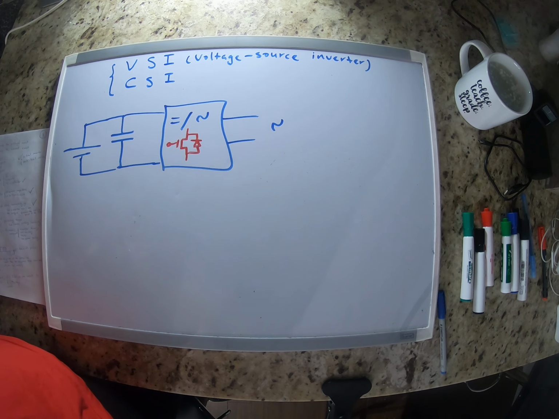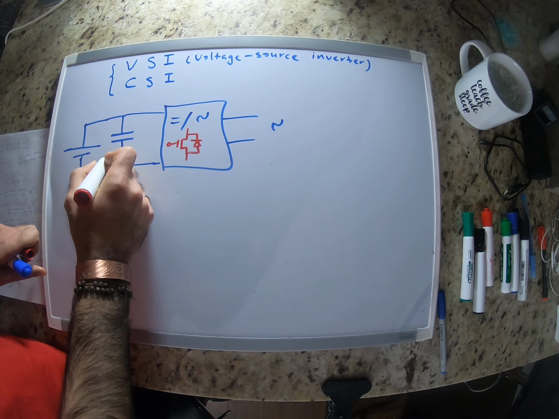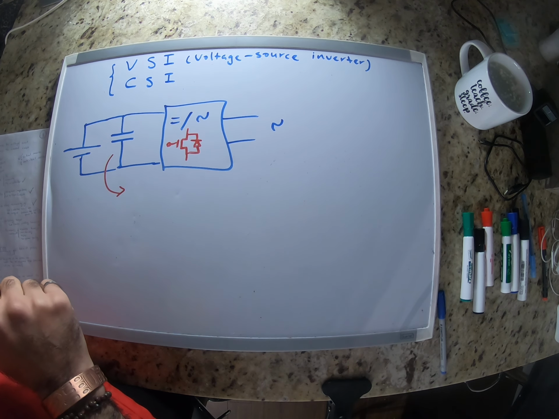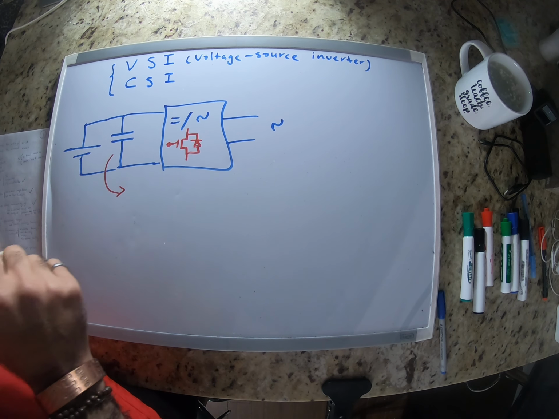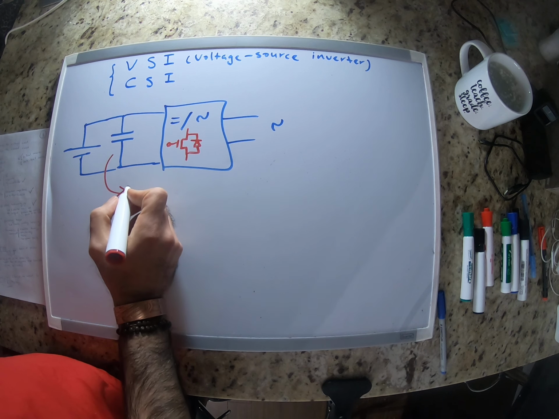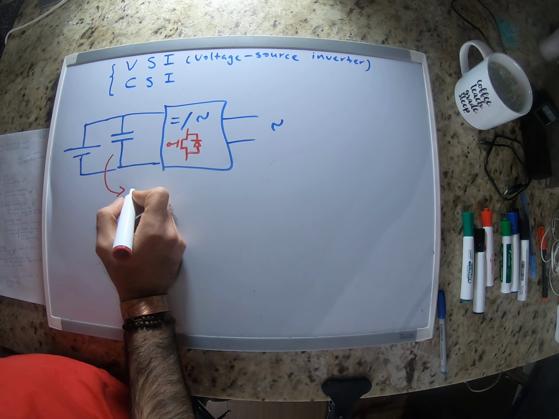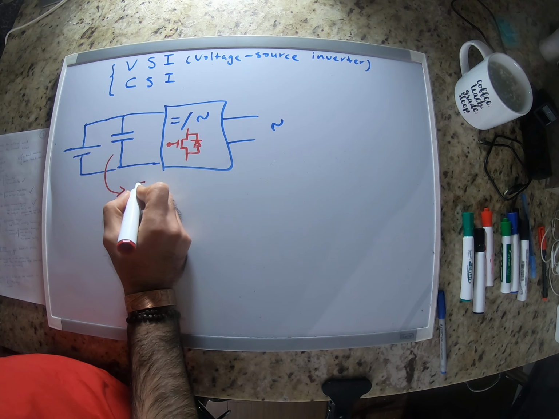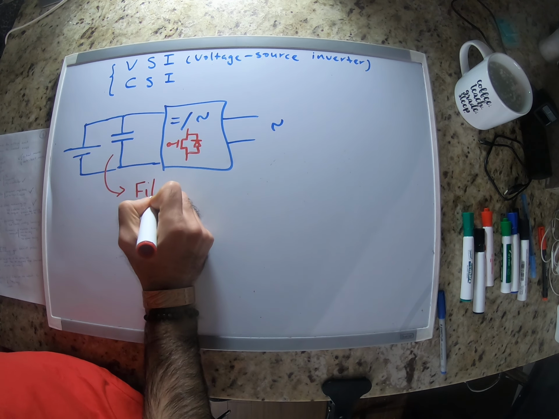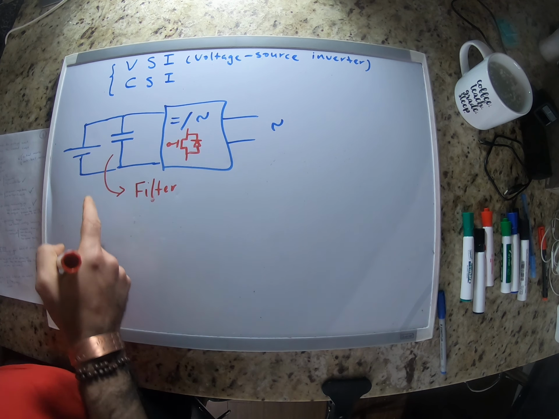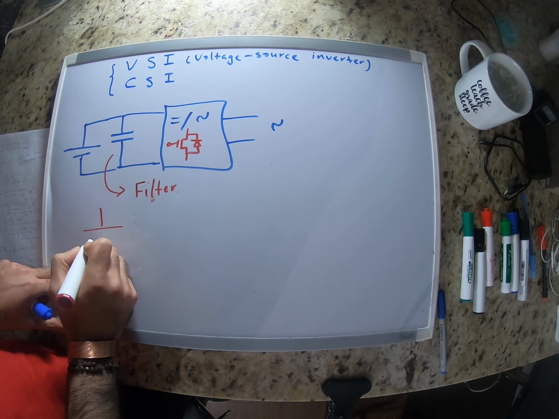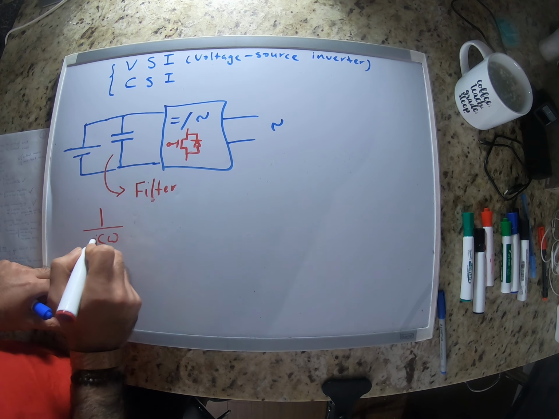Now this capacitor that I didn't draw in the previous videos, but we usually have it. Its main purpose is to filter out high frequencies. As you know, the capacitor's impedance is 1/(jCω), right?